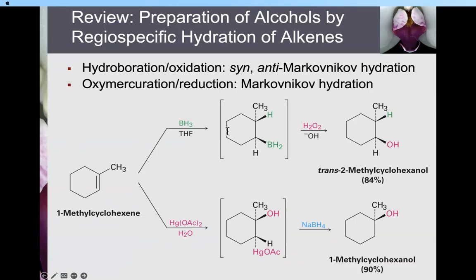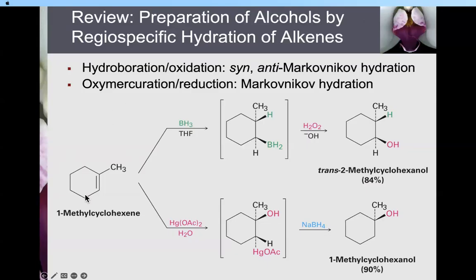There are two indirect methods used. First we have hydroboration-oxidation, which was already discussed in our midterms. Its product is syn non-Markovnikov hydration.